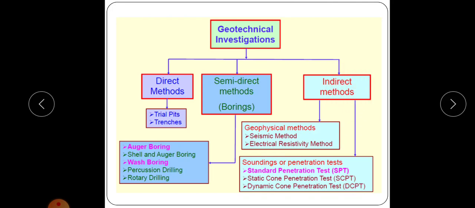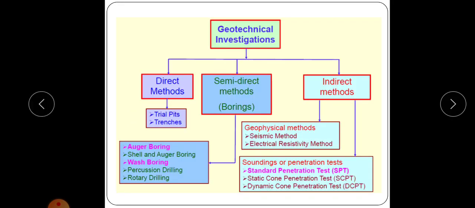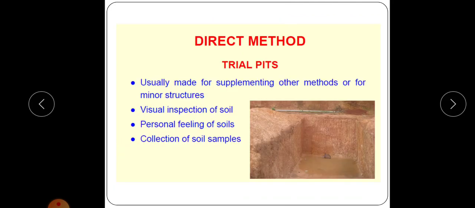So the first method is the direct method. It's not included in your syllabus, but for introduction I am going to discuss this direct method. Direct method means excavating pits. These pits are usually made for supplementing other methods or for minor structures, and trenches are long shallow pits.